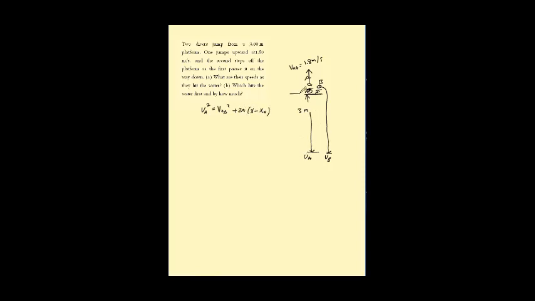And if we take into consideration that at this point x0 equals 0 and at this point x equals minus 3.00 meters for both A and B, then VA squared is equal to 1.8 meters per second squared plus 2 times the acceleration of gravity, which is 9.82.